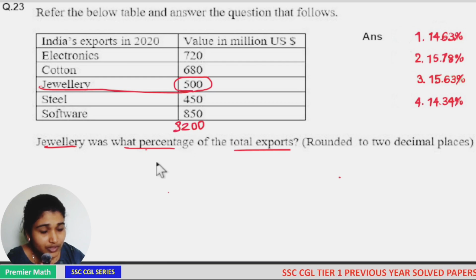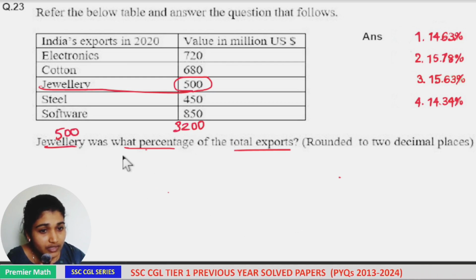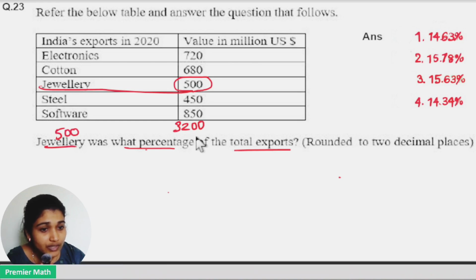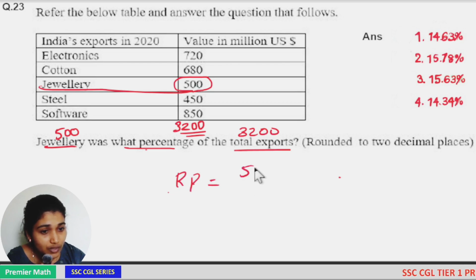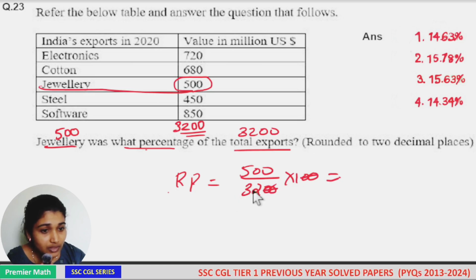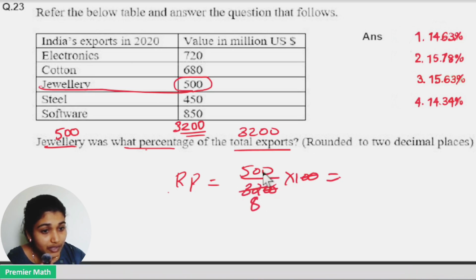So 3200 million. Then our question is 500 is what percentage of 3200? Then required percentage is equal to 500 out of 3200 into 100. 0, 0 cancel. Here 4 goes 8 times in 32, 4 goes 25 times in 100.